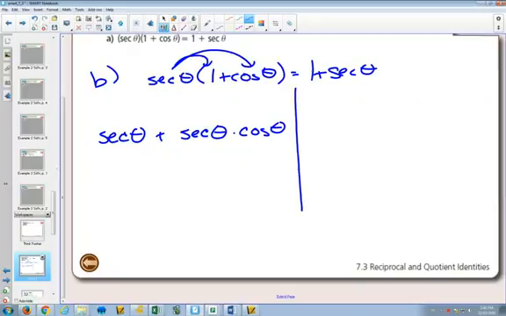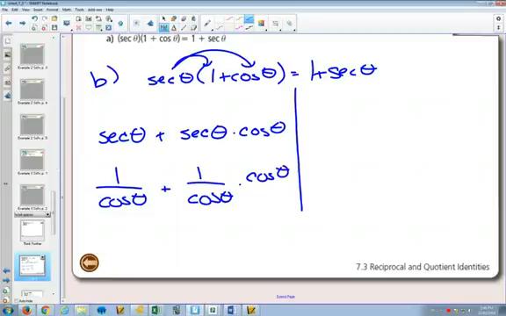We could change secant to 1 over cos, right? Do you want me to change them both? Yeah? Okay. So we have 1 over cos plus 1 over cos times cos. And you could make this cos over 1. So if you're multiplying fractions, you're going to be able to simplify. Can you see that these coses are going to simplify and go away? And now we have 1 over cos theta plus 1.